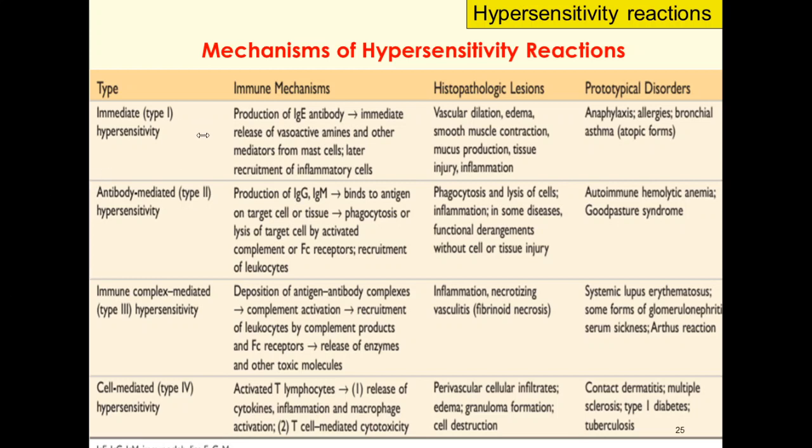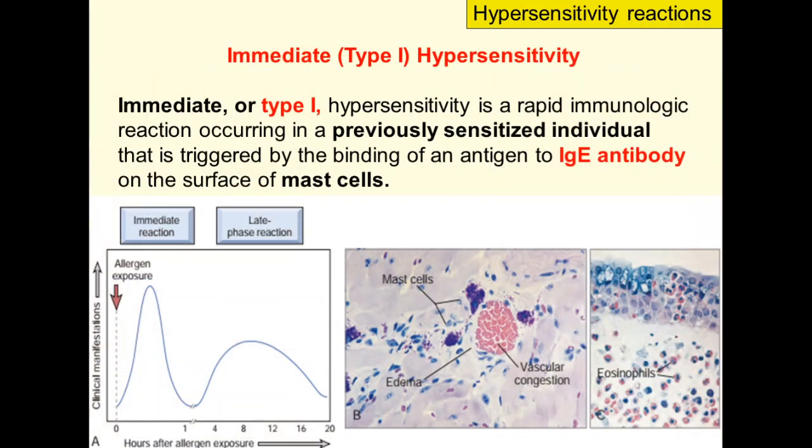So let's discuss more deeply each type of these hypersensitivity reactions. What do we have? First of all, the immediate type, type 1 hypersensitivity. Here we have the leader role of immunoglobulins E, or antibody.